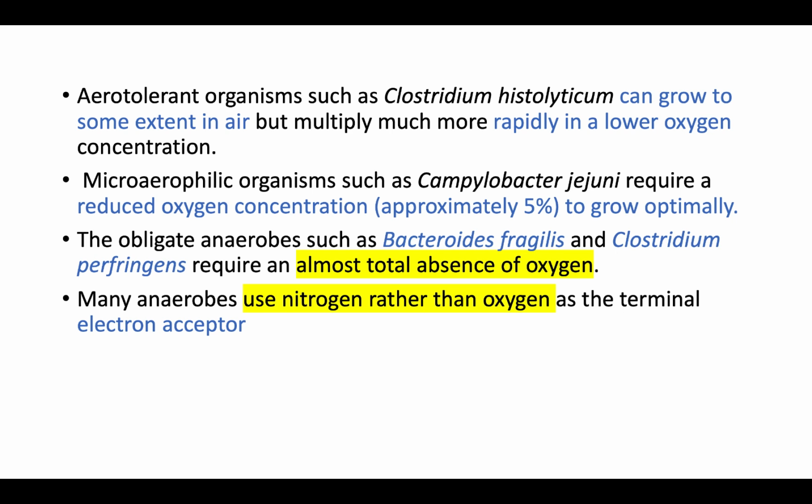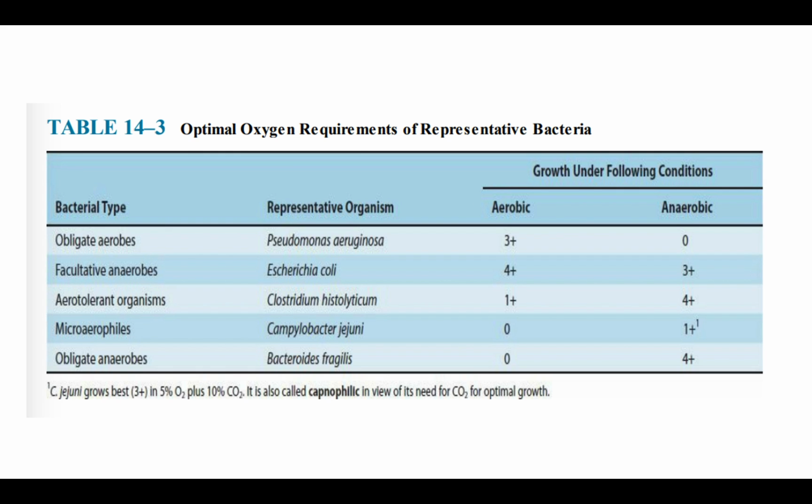Many of these anaerobes use nitrogen rather than oxygen as the electron acceptor. Now, the oxygen requirement for these representative organisms: from an obligate aerobe like Pseudomonas to an obligate anaerobe like Bacteroides, and in the middle you have the dominant group, the facultative anaerobes, then the aerotolerant organisms such as Clostridium histolyticum and the microaerophile such as Campylobacter jejuni.